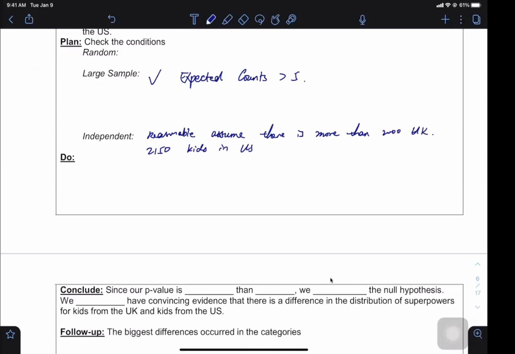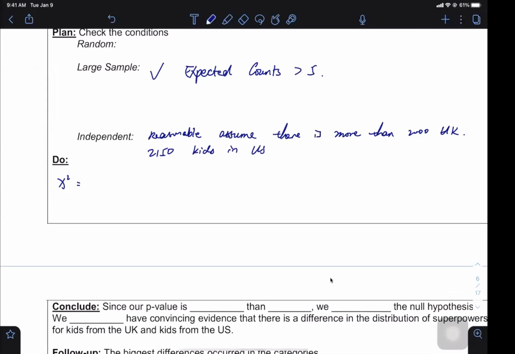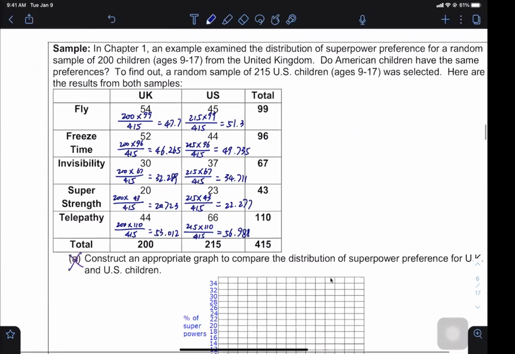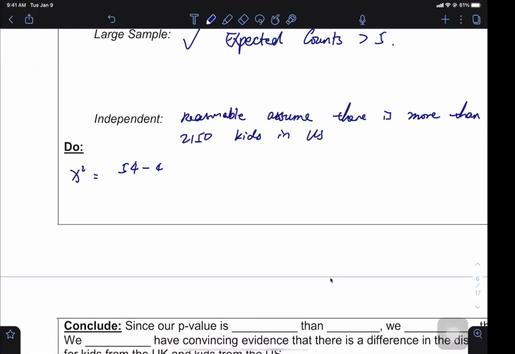And now it's really like doing the chi-square. So our chi-square is going to be observed minus expected, squared, over expected. Let me take a picture of this so I don't need to scroll back. So 54 minus 47.7, squared, over 47.7, plus and so on.